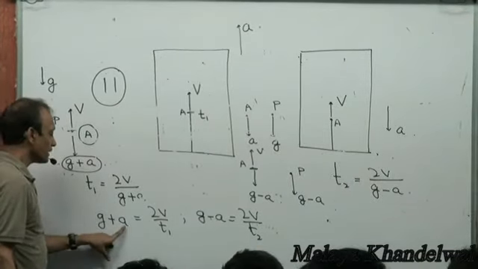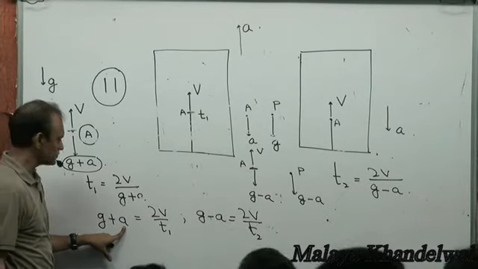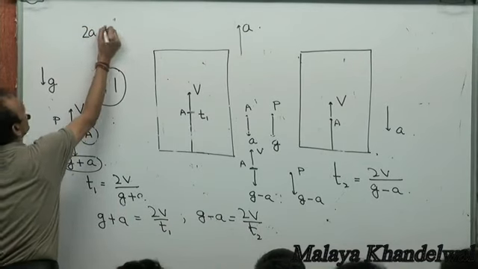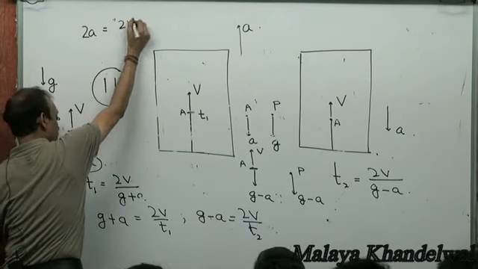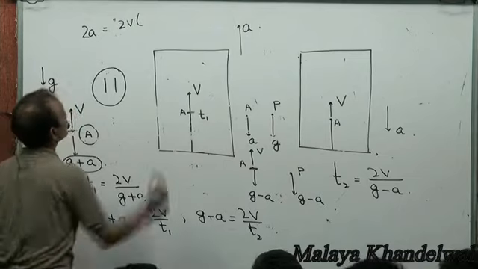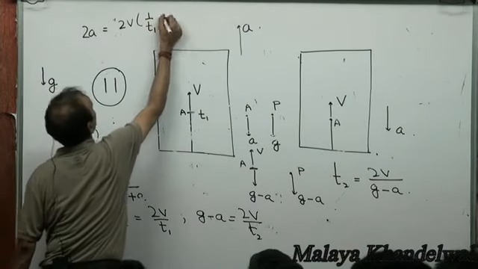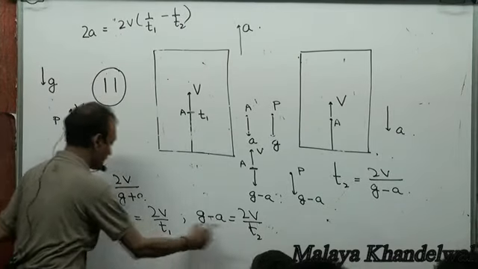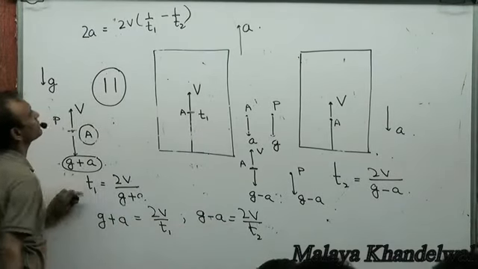To find A, let me subtract these two equations. If I subtract this minus this, 2A is 2V into 1 by T1 minus 1 by T2.